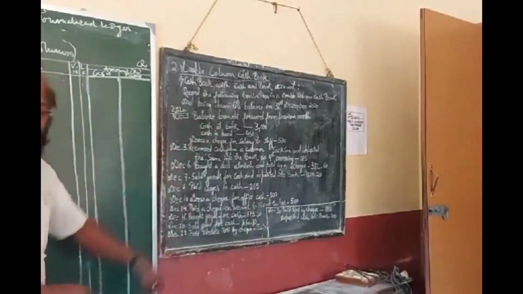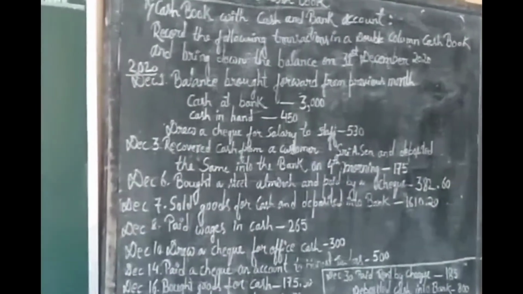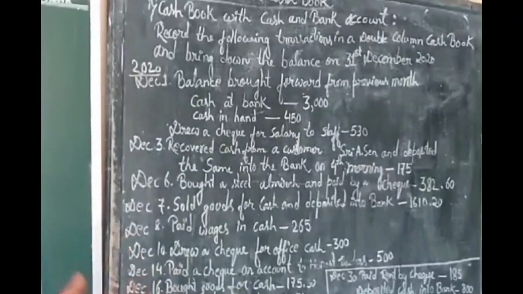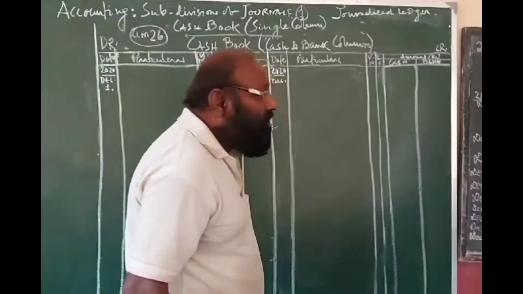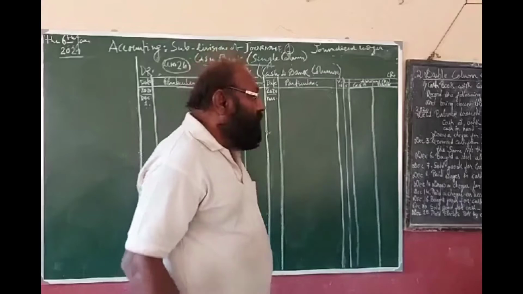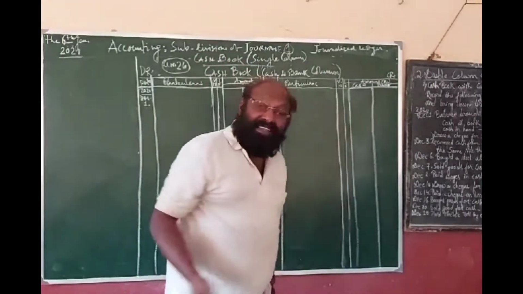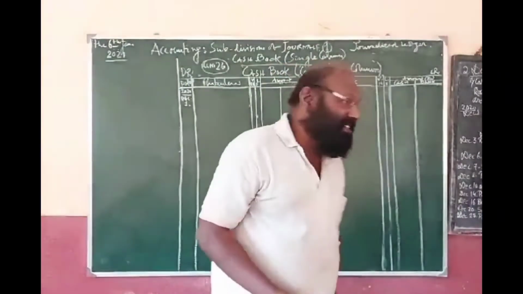So it is a continuation of the business, and we have a balance in hand: cash at bank 3,000 and cash in hand 450. Cash is your asset, so it is a debit balance. Bank balance is also your asset, so it is a debit balance.